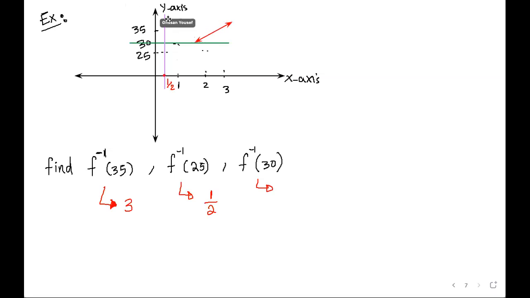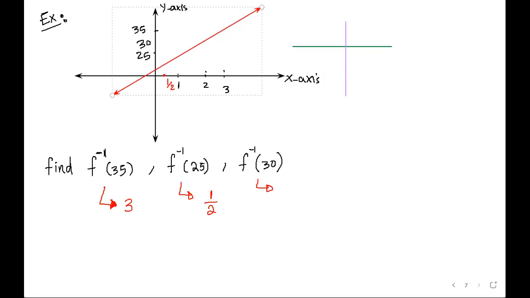Let me give you another example because this is the wrong example. Sorry for that. Now the same things, but I'm going to change the curve. The curve, instead of the old one, is going to be something like that. Now at 35, here is the 35.